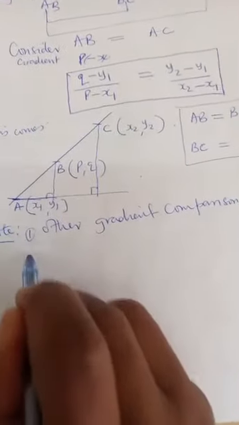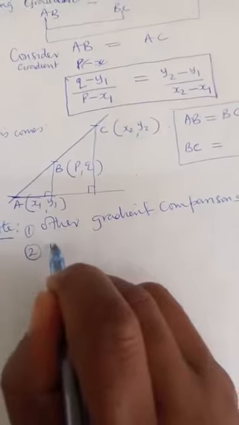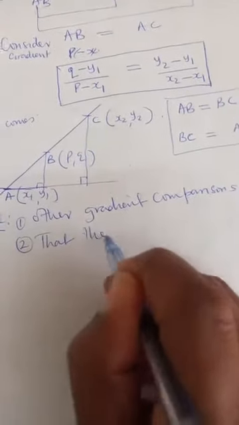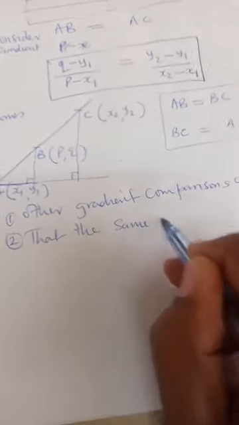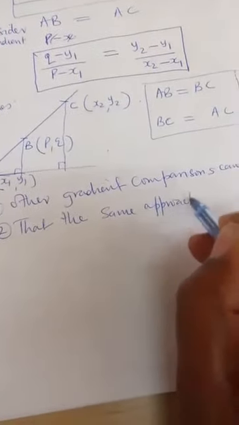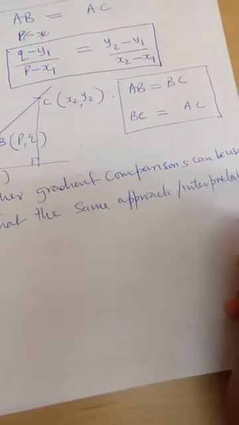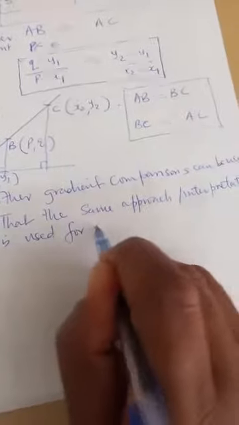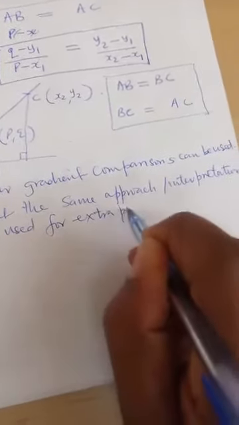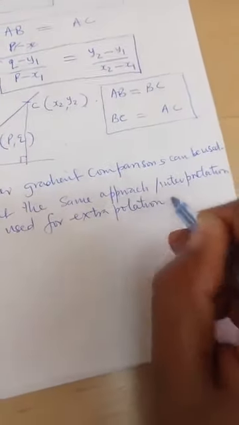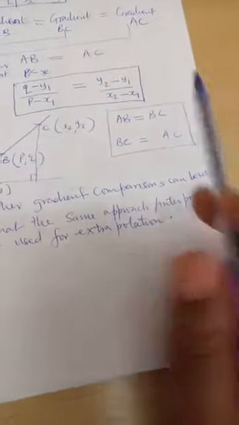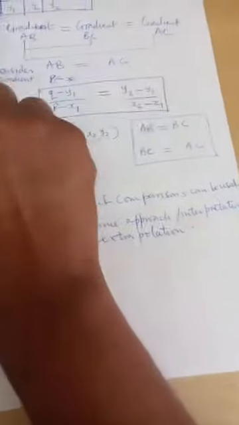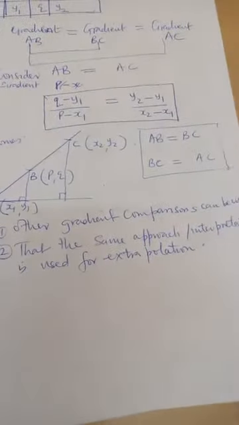And note number 2 is that the same approach or interpretation is used for extrapolation. The only difference here is that for extrapolation, our PQ point is before or beyond the last set.